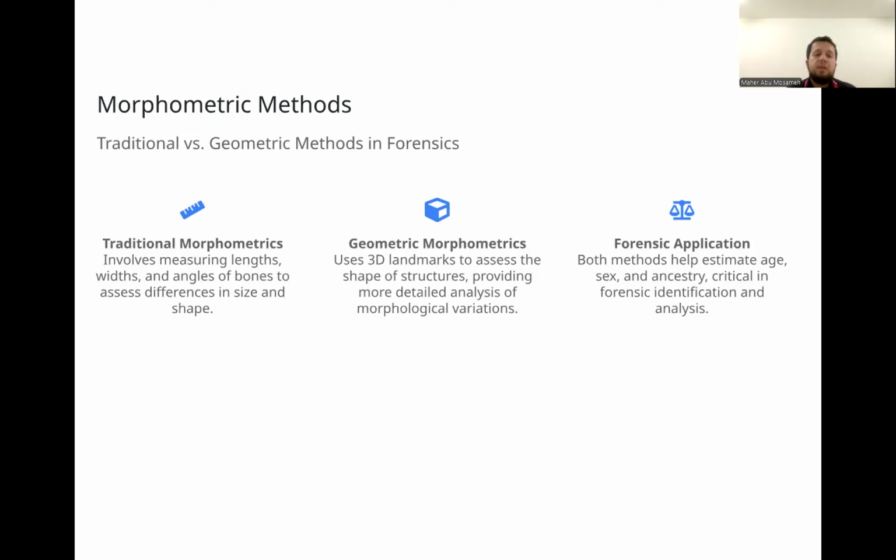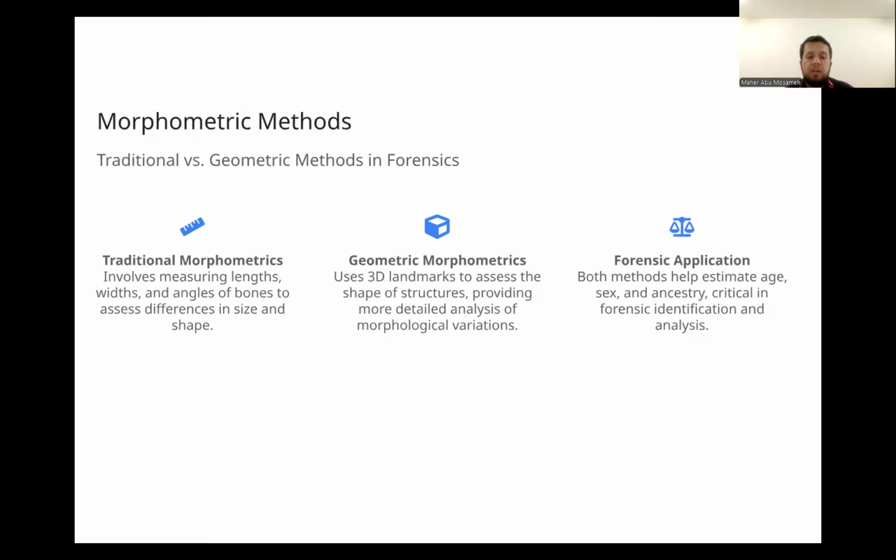So we have different types of morphometric methods. We have the traditional morphometric method and the geometric morphometric method. Morphometric analysis uses anatomical landmarks to measure the shape and size of the bone, either, as I mentioned, through the traditional or geometric method.